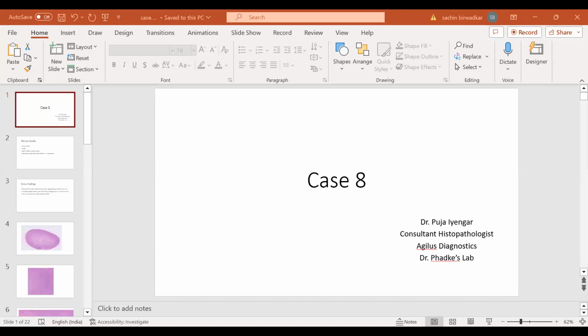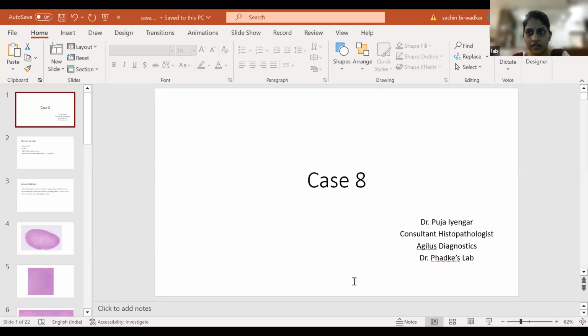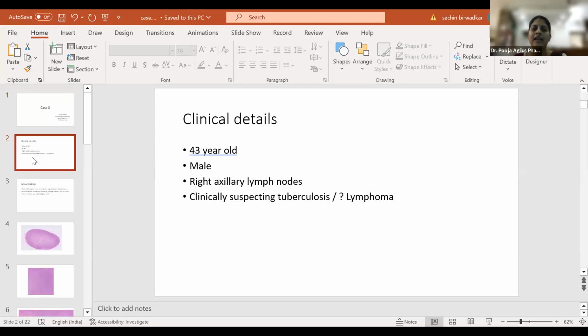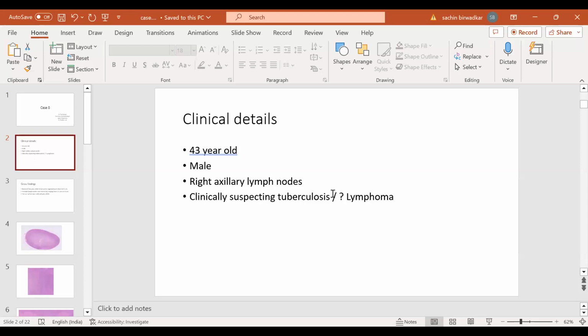You can put it into presentation mode. All right. This was a case of a 45-year-old male who presented with some axillary nodes. Dr. Pooja, sorry for the interruption, you can put your presentation on slideshow mode, please.